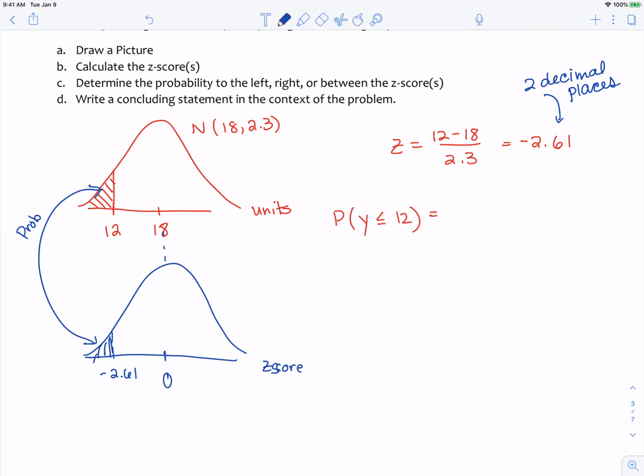So probability is equal. Okay, and this distribution that we've created by going to z-scores has a center at 0 always and a standard deviation of 1. And this is referred to as the standard normal distribution, meaning it's always in terms of z-scores.